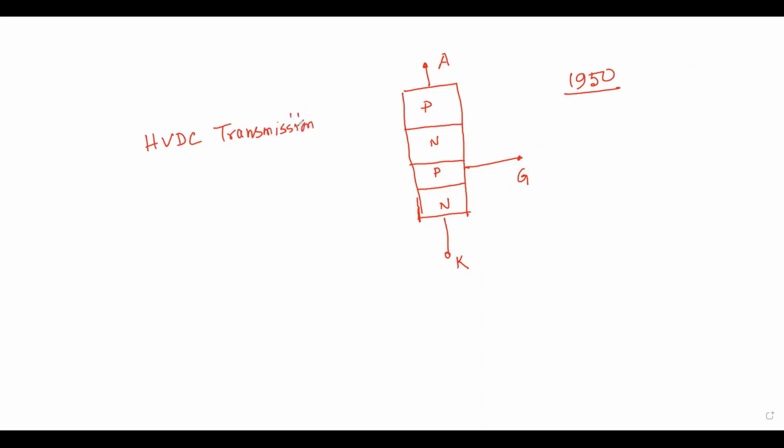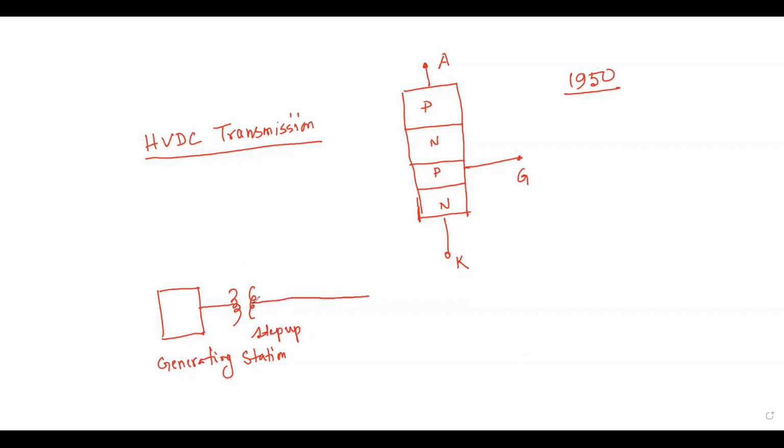Are you familiar with the transmission line? Yes, sir. Suppose this is your generating station of power. It produces power, and then in our country, what we do, we step up the power.